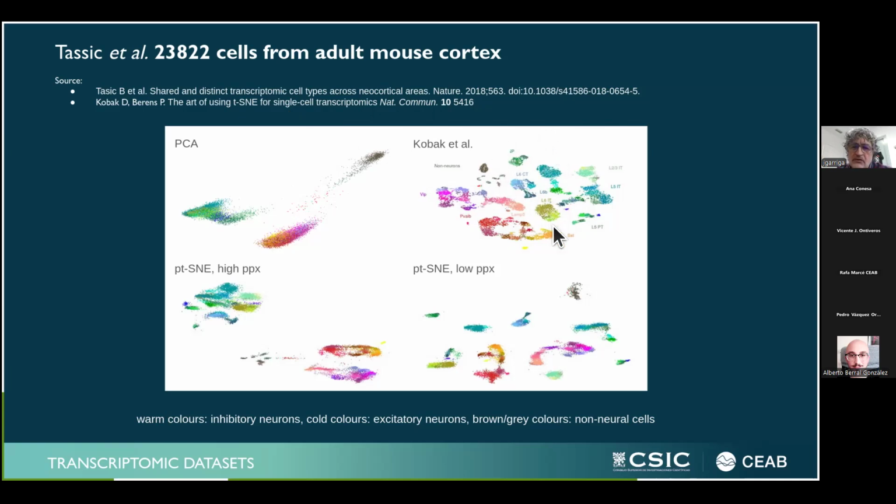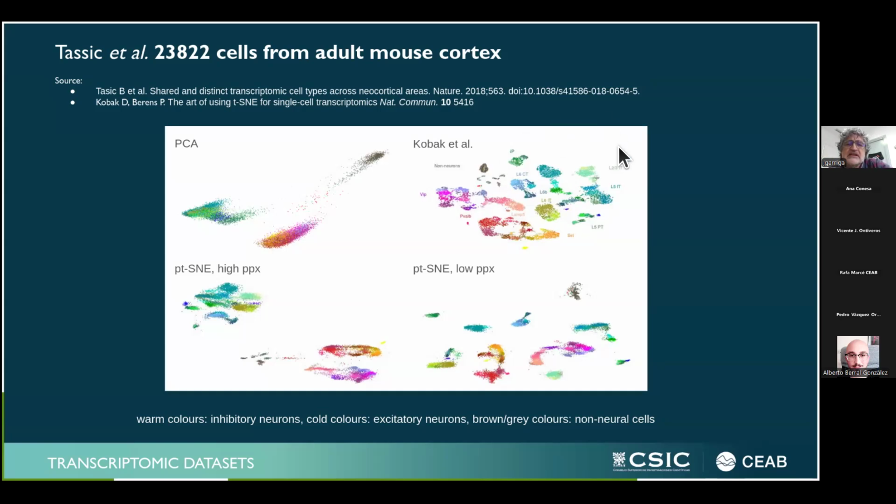Here we have all the excitatory neurons, in this part all the warm inhibitory neurons, and here the non-neural cells. And in each group, we get these subgroups that correspond to the different subtypes of neurons.